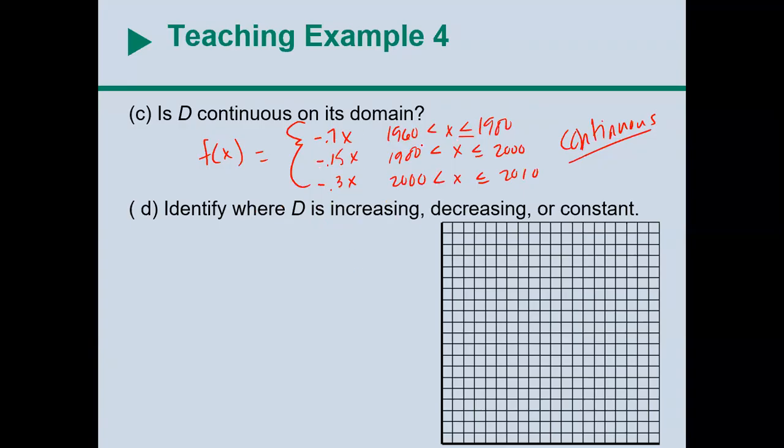So I know that on all of them they're going to be decreasing, because the slope is negative. Negative slope equals decreasing, and positive slope would be increasing.